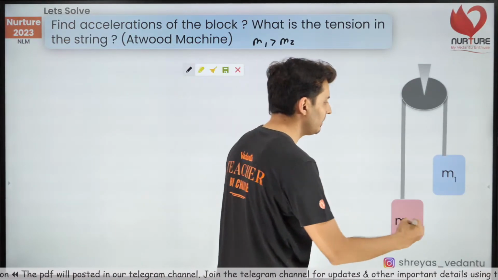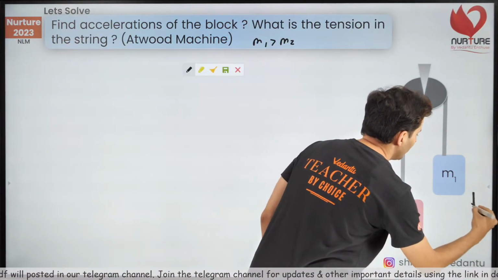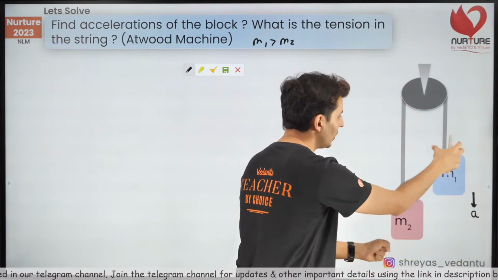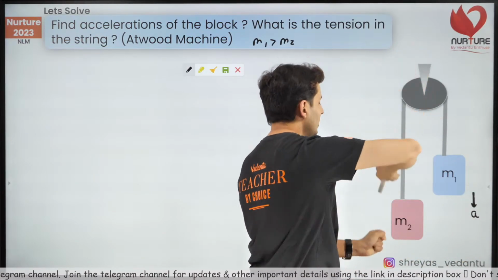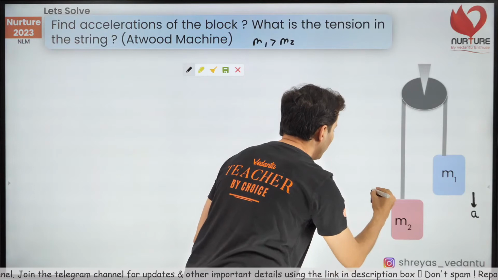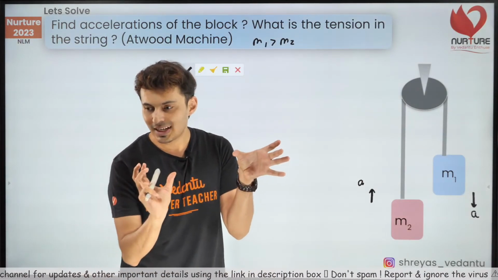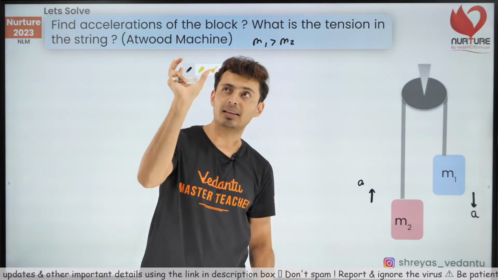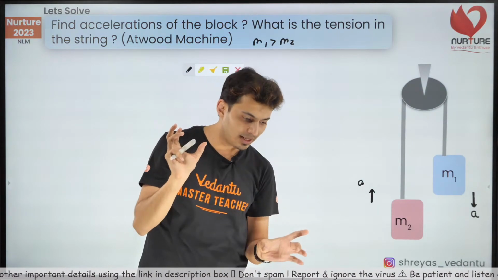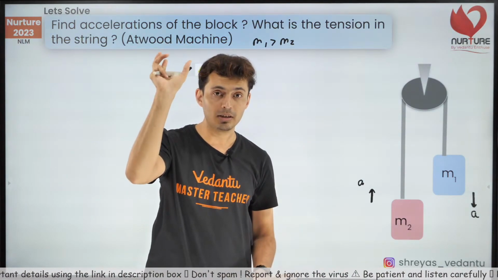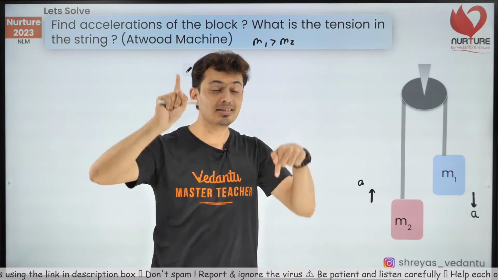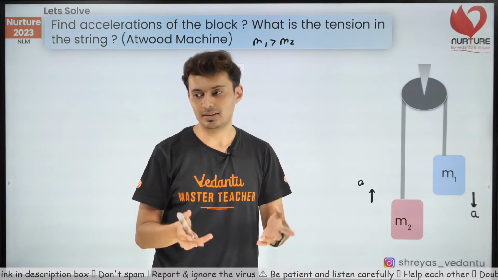If you release it, M1 will go down with acceleration A and pull the string, so M2 will go up with the same acceleration A. When this block goes down by 1 centimeter, the other goes up by 1 centimeter. So both accelerations are the same in magnitude but opposite in direction.